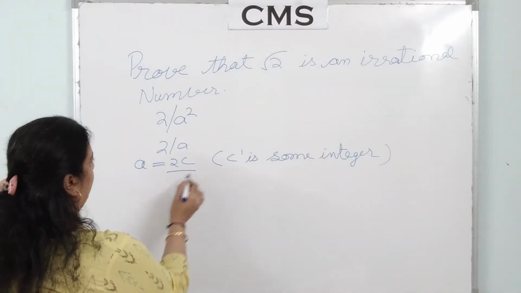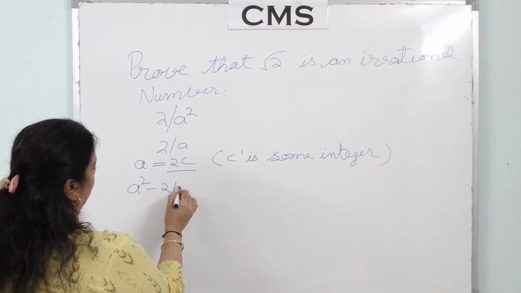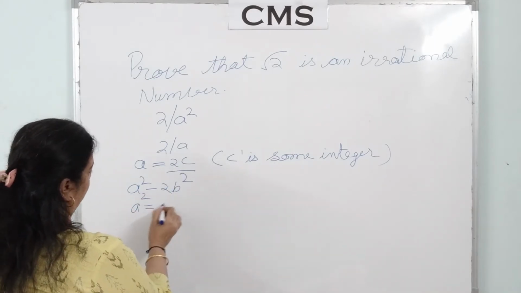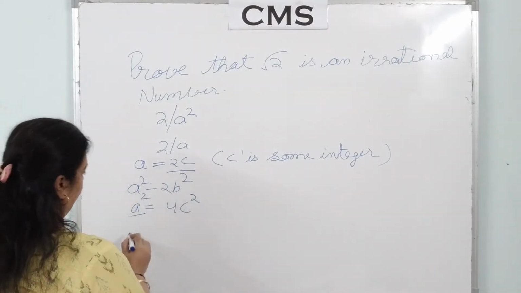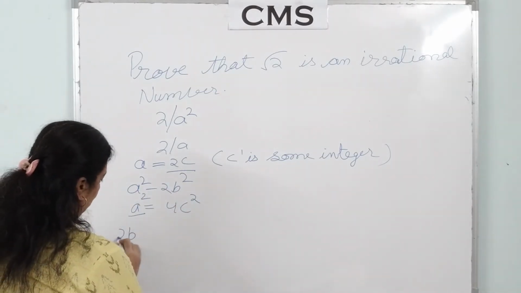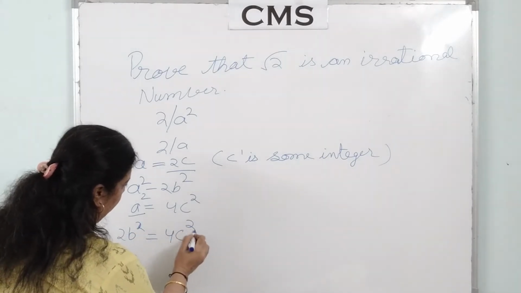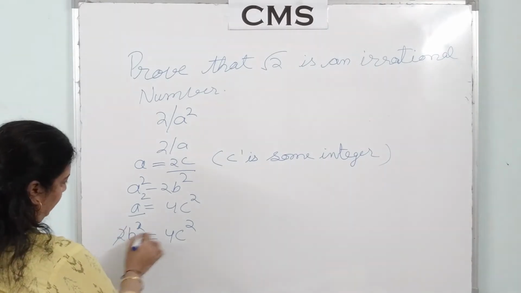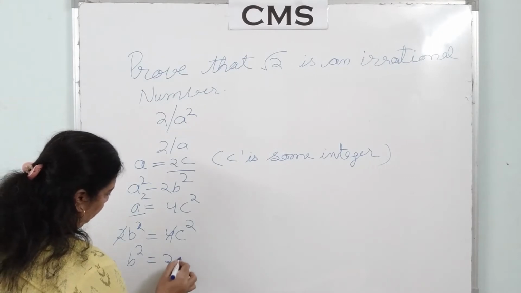When we take a as 2c, according to our theorem a square equals 4c square. Now instead of a square we write 2b square, so 2b square equals 4c square. As 2 is cancelled by 4, it becomes b square equals 2c square.